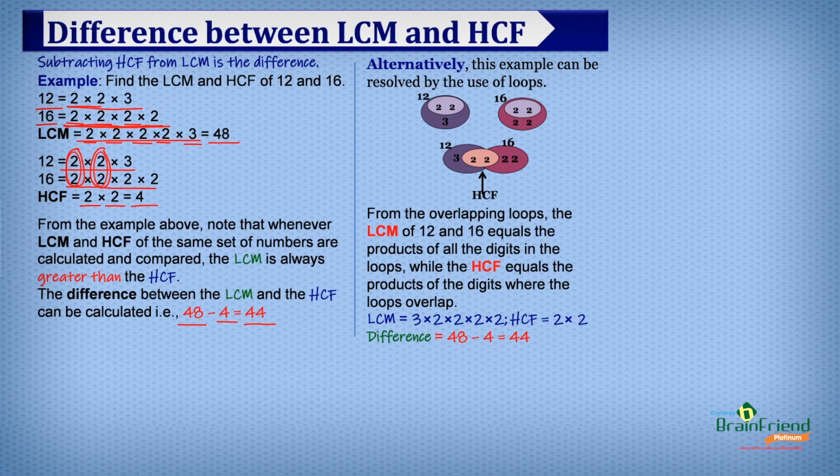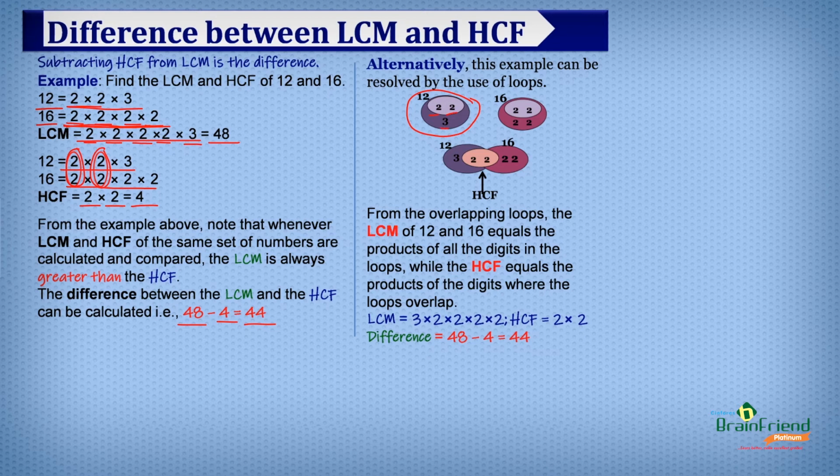Now, alternatively, we can use a method we call the loop method in finding the difference between the HCF and the LCM of given numbers. Now, how does the loop method work? Observe that here we have a loop that contains all the factors of 12. That is 2 multiplied by 2 multiplied by 3.